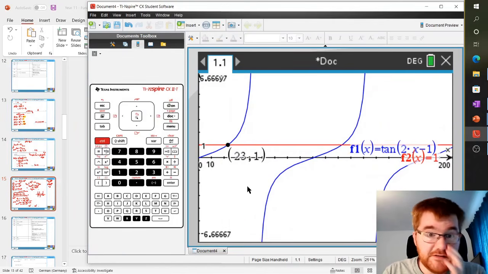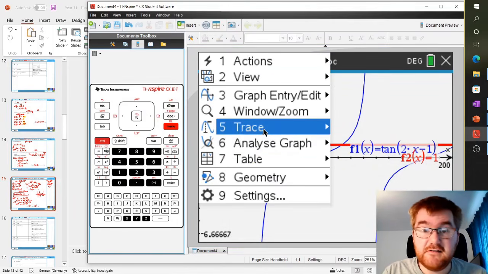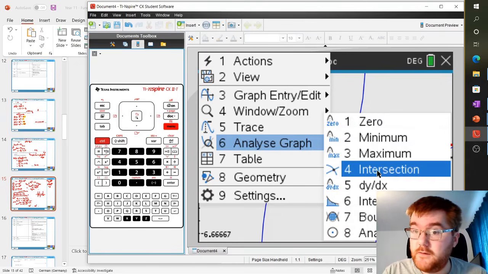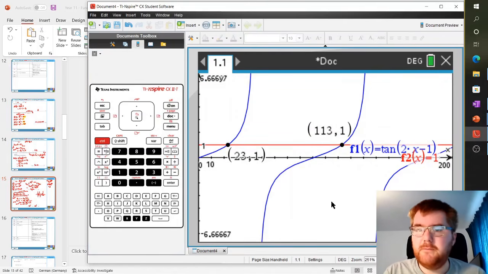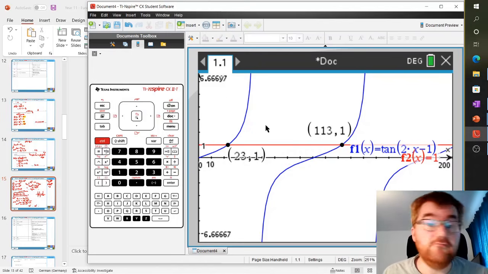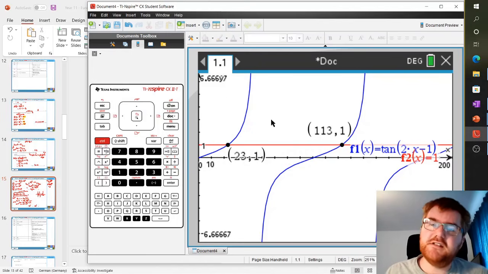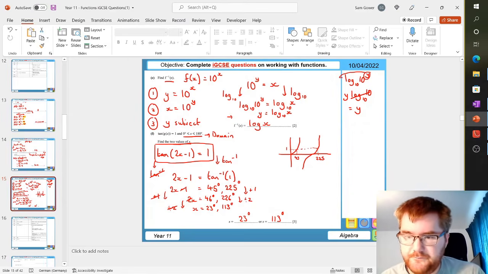And if we work out the two intersection points here, you'll notice they're exactly the same answers as what we worked out in the question. And I do encourage you, particularly if you're doing IB next year, to actually use your graphical calculator, because it can really, really save you time. So notice this is another valid way of working out the answer of 23 and 113.